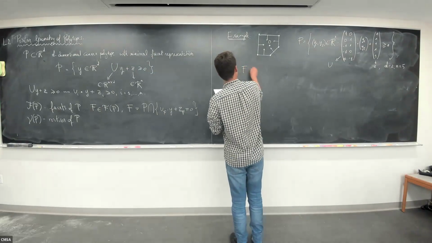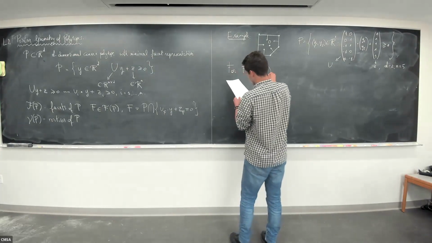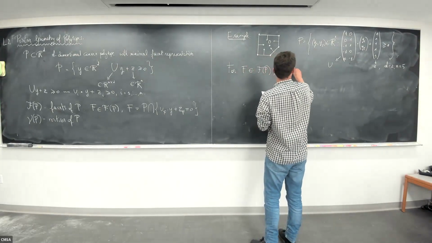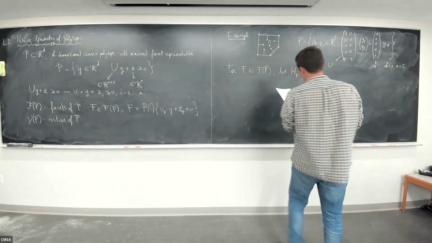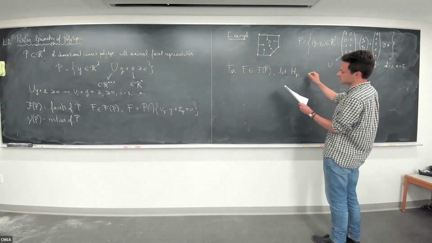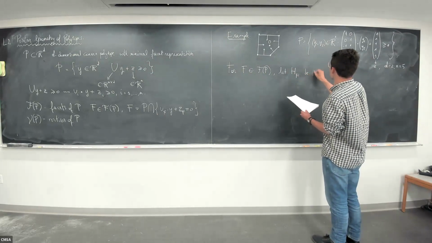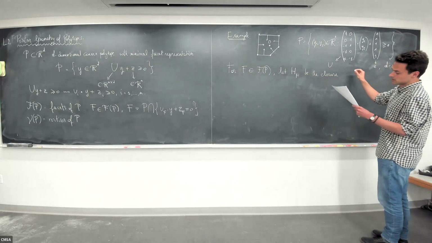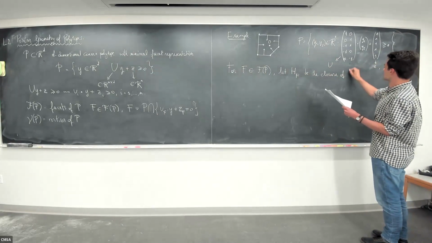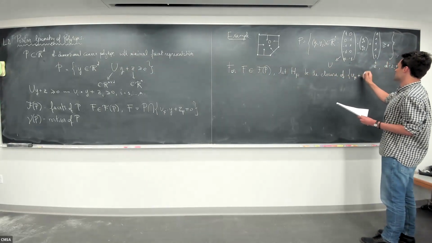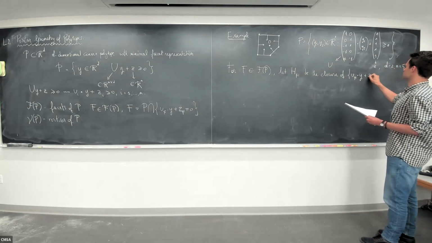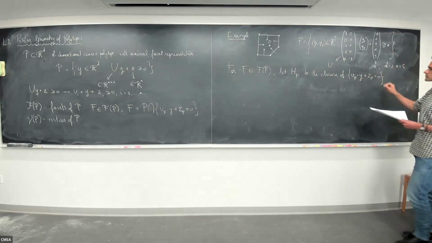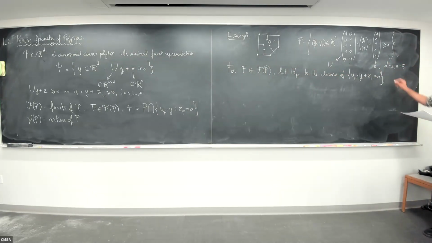A bit more notation for a facet. I'm going to write H_F. This is the facet hyperplane corresponding to the facet F. To stay true to our projective setup from the previous lecture, I'm going to take the closure of this hyperplane in the d-dimensional projective space.